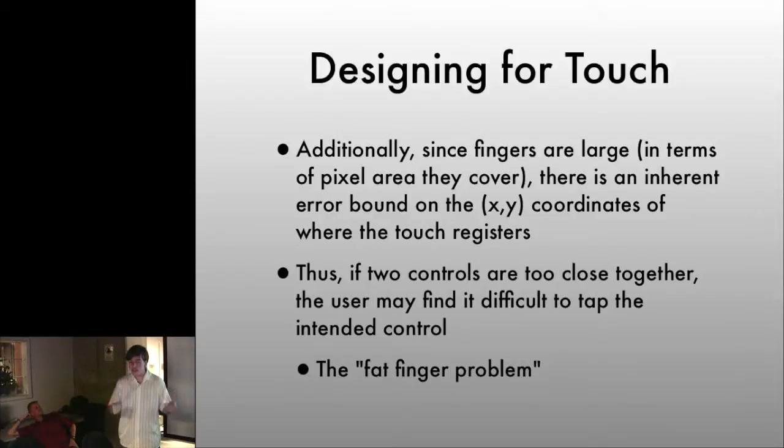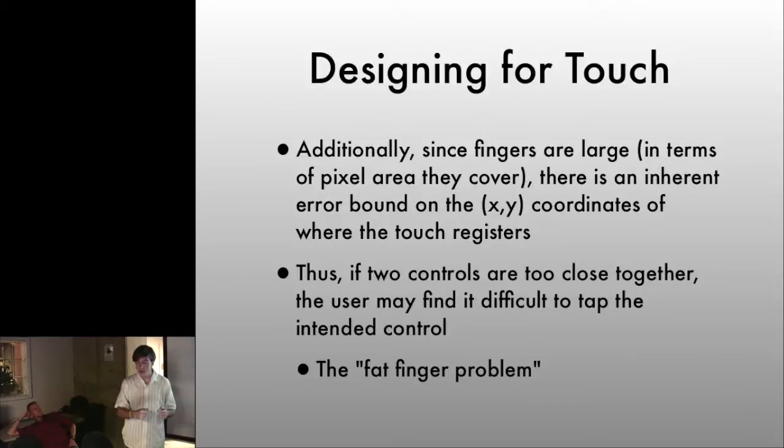Again, since fingers are large, there's an inherent little error bound on what actual XY coordinate is chosen for where the touch happens. You might think that the system will return a cluster of points that are currently being touched. You don't need to worry about that. iOS does some averaging, I would imagine, and determines an individual XY coordinate, in floating point values, of where it is currently registering a touch.